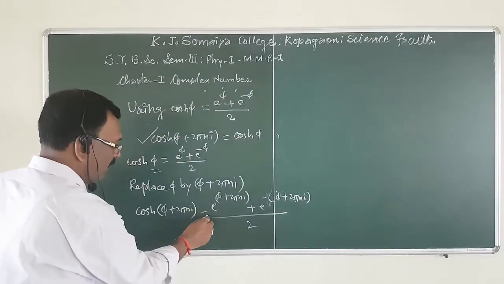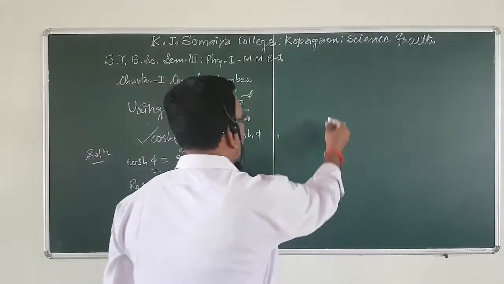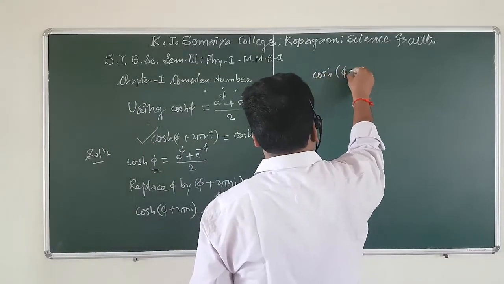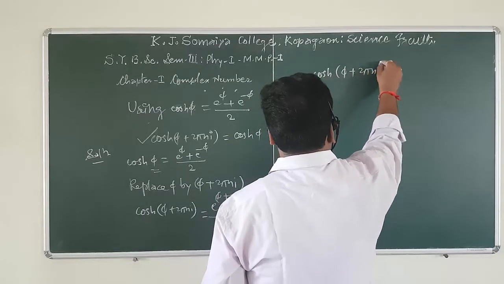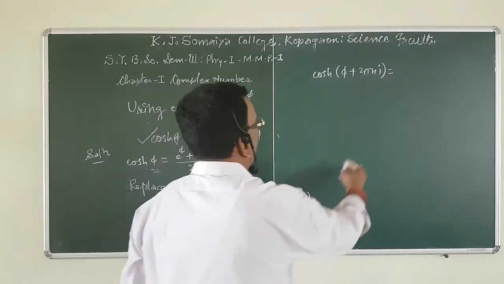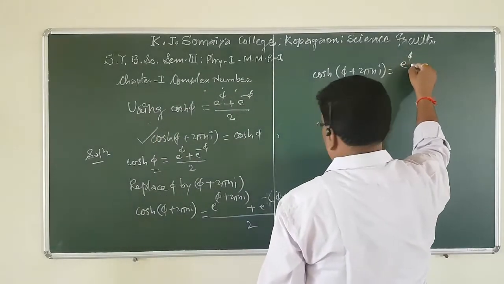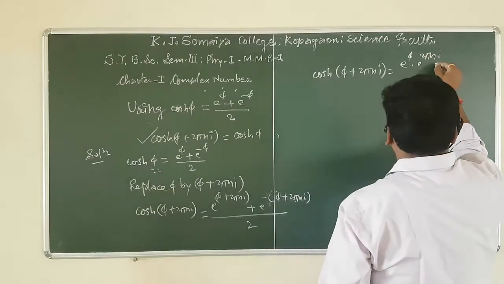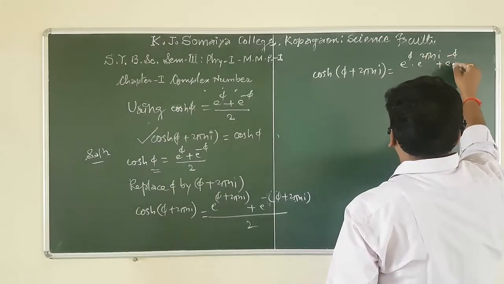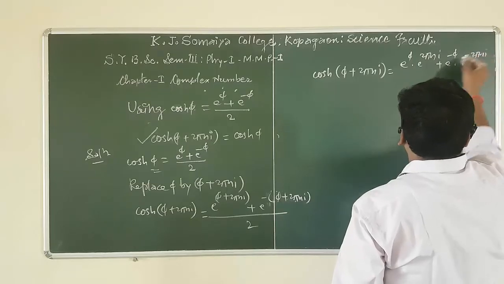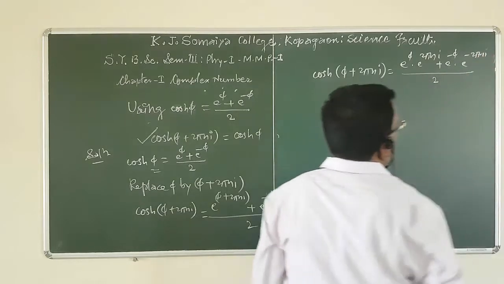Solve the RHS of this equation. We have cos in bracket phi plus 2 pi n I is equal to e raised to phi into e raised to 2 pi n I plus e raised to minus phi into e raised to minus 2 pi n I upon 2.